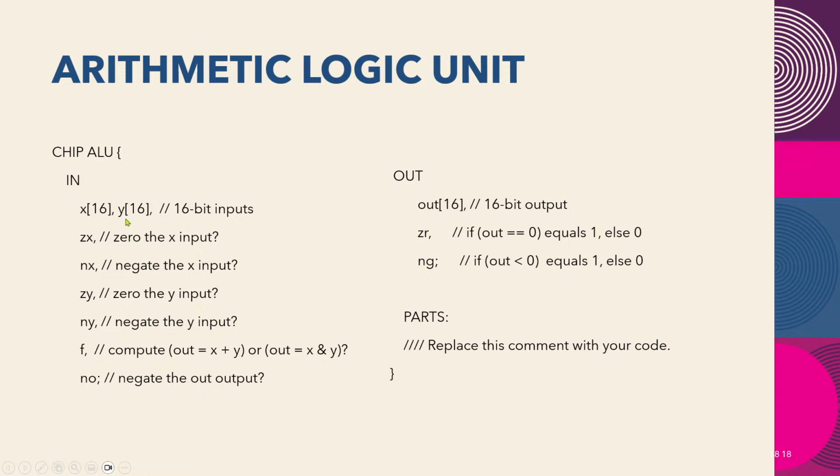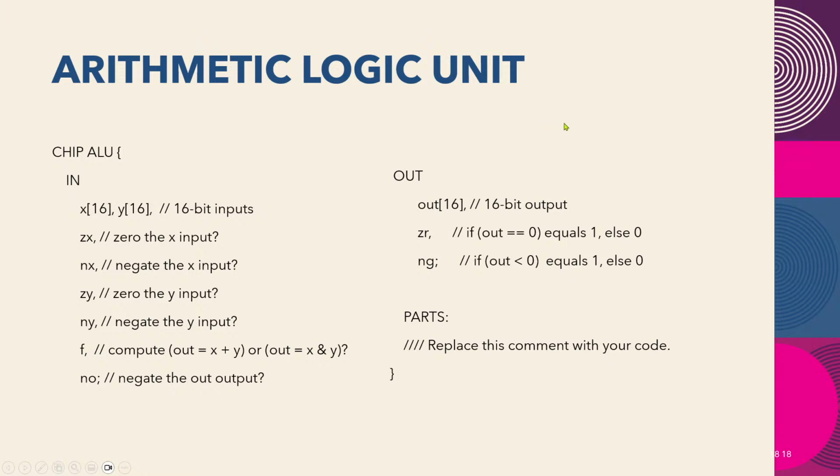We have two 16-bit inputs, x and y, 16-bit buses. zx is a 1-bit input, nx is a 1-bit input, zy and ny are 1-bit inputs, f is a 1-bit input, and no is a 1-bit input. And all of these are the pins that will direct the ALU in manipulating the values of x and y on these two buses.